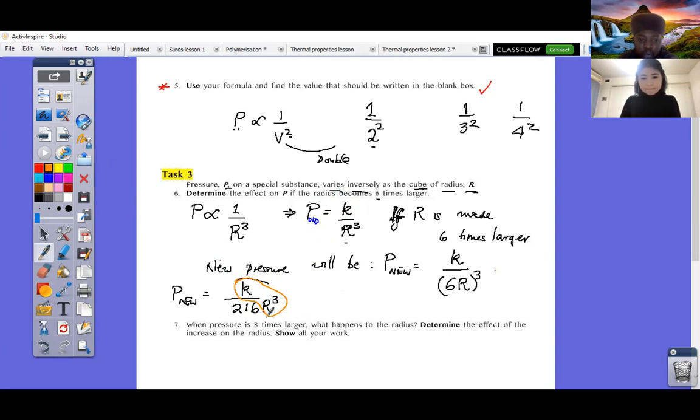And we've taken the old pressure and divided it by 216. Can you see that okay? Good. So therefore, the effect on P is that P will be reduced by a factor of 216.